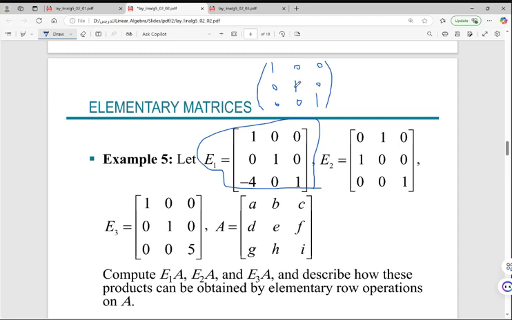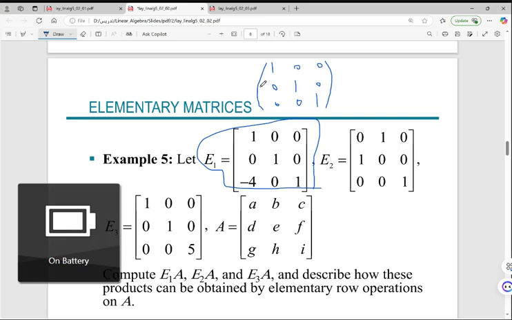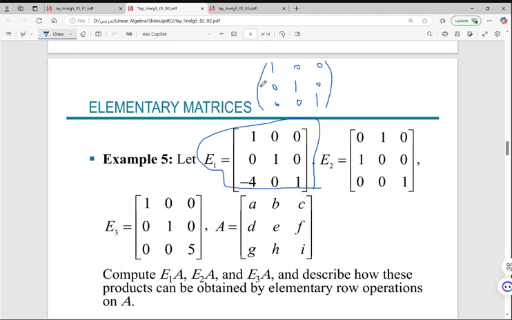So E1 is obtained from this identity matrix by row replacement. It is not converted into the identity matrix. It is obtained from the identity matrix. E1 is obtained from the identity matrix by applying a row replacement.